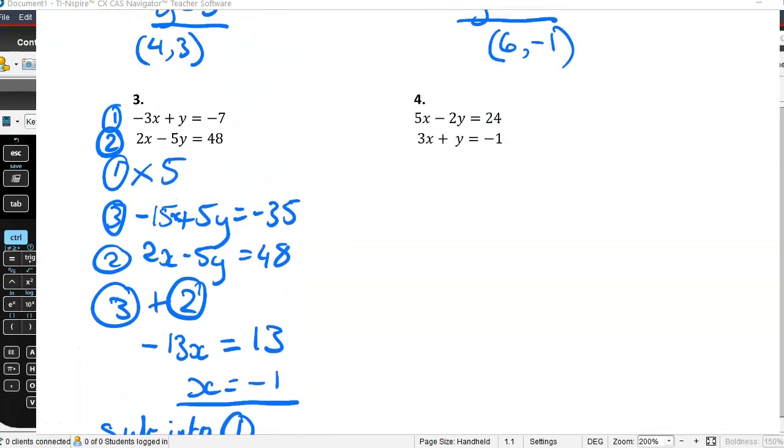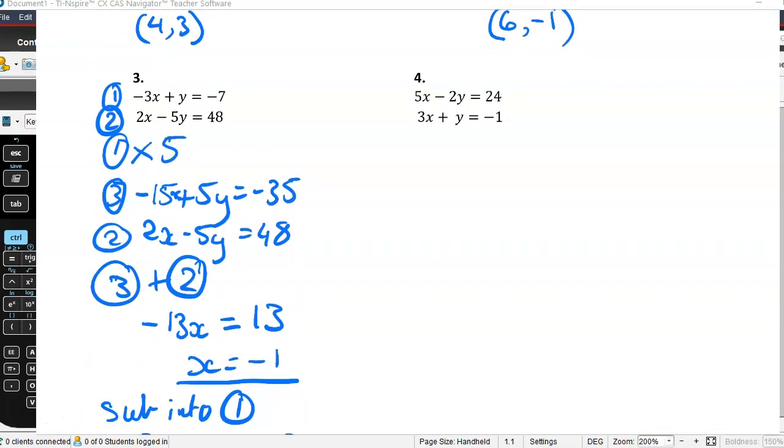Okay, so here, example 4, equation 1, equation 2. Looking at these, again, I might manipulate to get these y's the same. Otherwise, I'd have to times both equations, which we can do. Sometimes you have to times both of them. Here, I'm just going to times one of them.